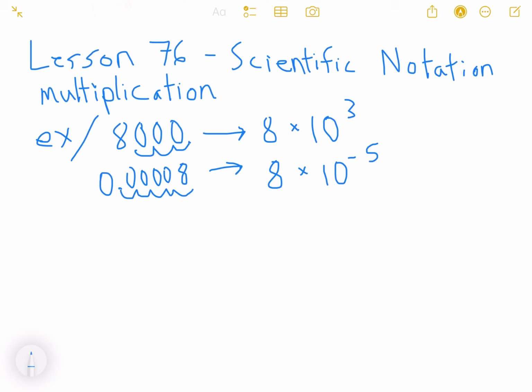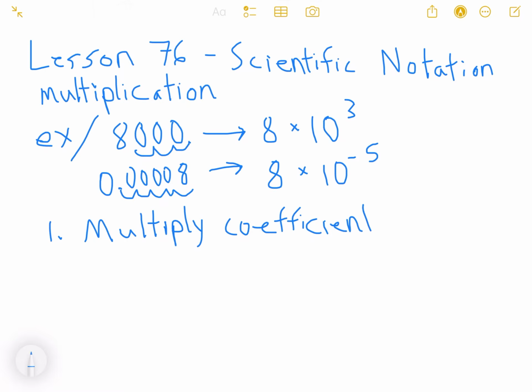But what about multiplication? Well, with multiplication, you have some steps here. This will make sense when I write out an example, but I can multiply the coefficients. And coefficients simply means the numbers that are in front of my exponents.